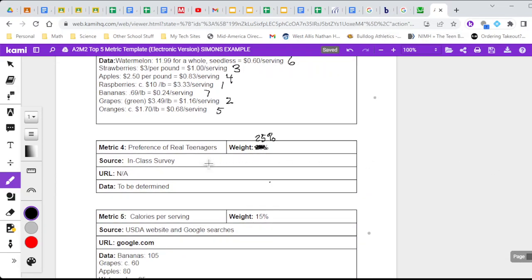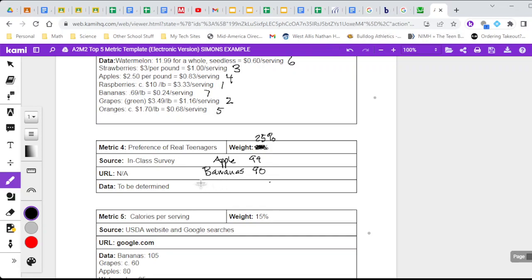Now, preference of real teenagers, we need the data for this one. So here is my data that I collected from my surveys. Remember, you need to have 25 valid surveys. Apple got 99 points. Now, remember, this is the opposite of what we're doing here because when I did the survey, I did rank 1 through 7. So 1 being your favorite. So the numbers that are the lowest are the ones that are going to be good.